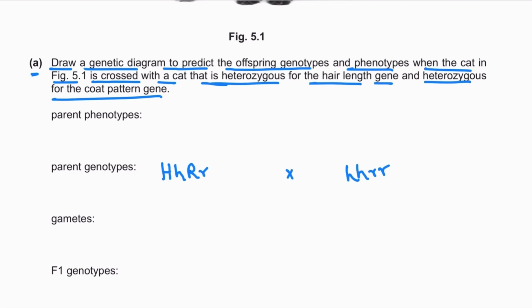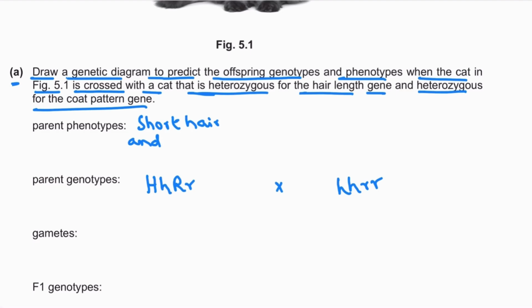So what are the phenotypes of the heterozygous cat? The heterozygous cat is dominant for both the genes. So the heterozygous cat will have short hair and full color, right?